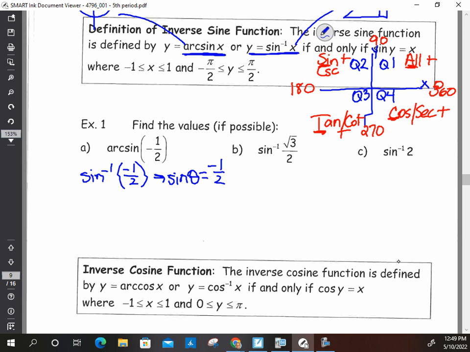That would be 3 and 4. So our two answers are going to exist in quadrant number 3 and quadrant number 4. So one of your answers will be between 180 and 270. One of your answers will be between 270 and 360.